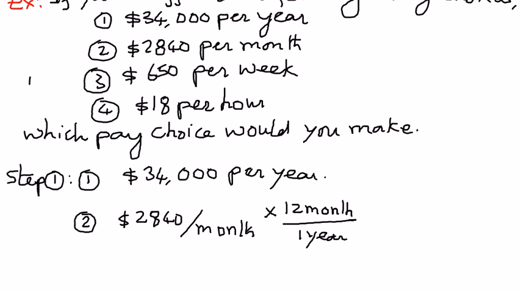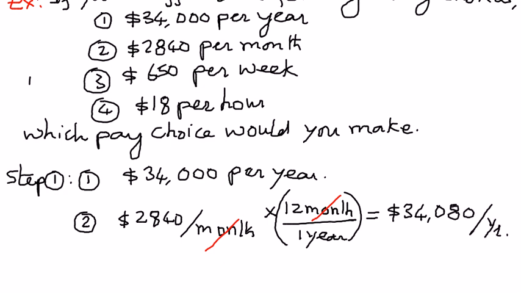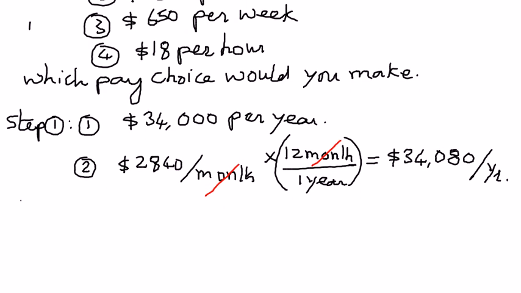So we're just converting this into a yearly salary. Since we have months in the denominator and months in the numerator, we can cancel that out. Therefore, 2,840 times 12 will give us $34,080 per year. So we'll keep that, and then we'll keep going, and then we'll finally state which is the choice we're going to make.